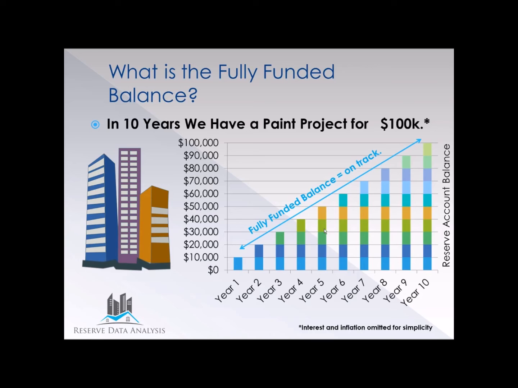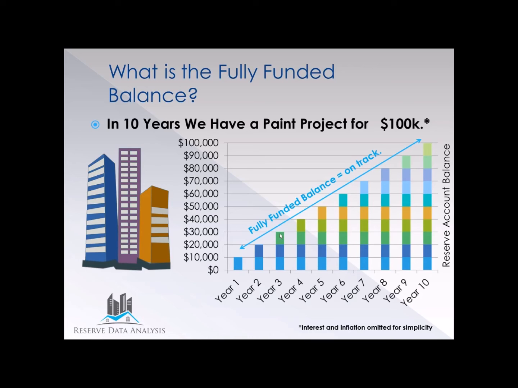And it's very much a moving target, which goes up and down depending on what projects are due and what have been completed. In this very, very simple example, the fully funded balance in year one is 10,000. In year two, it's 20,000. In year three, it's 30,000, and so forth.